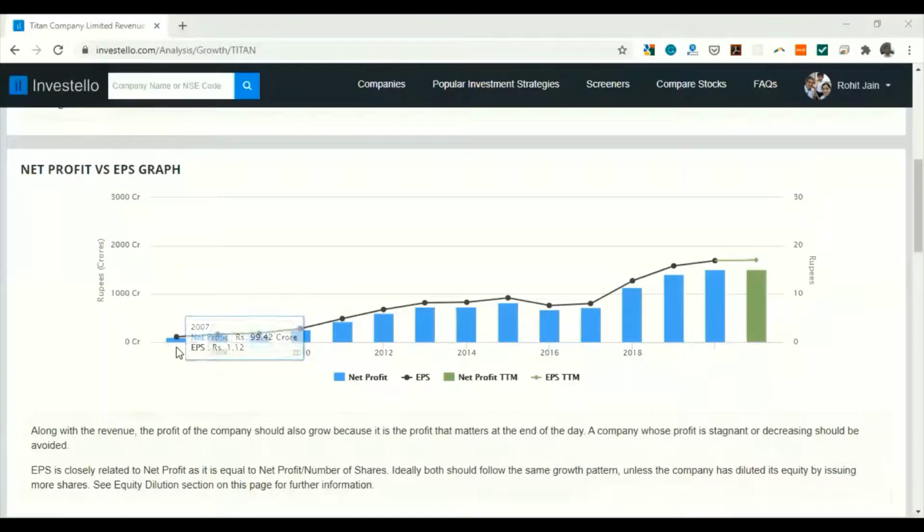If we compare the EPS and profit, let's look at the EPS because this is the actual earning for shareholders. So EPS for 2007 was 1.12 and EPS for 2020 is 16.91. So while the revenue has grown by only 10 times, the EPS has grown faster, by more than 15 times.